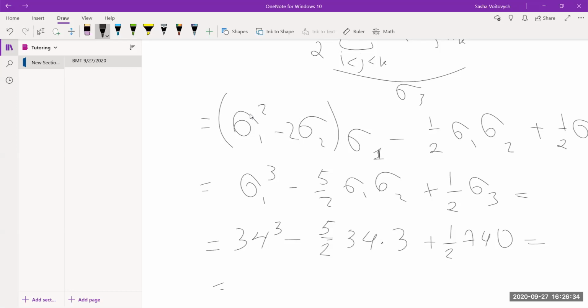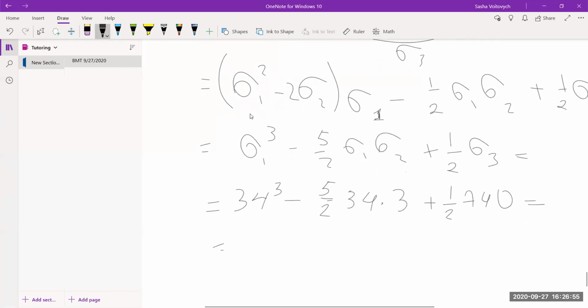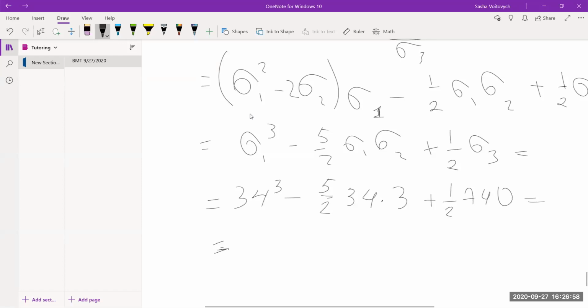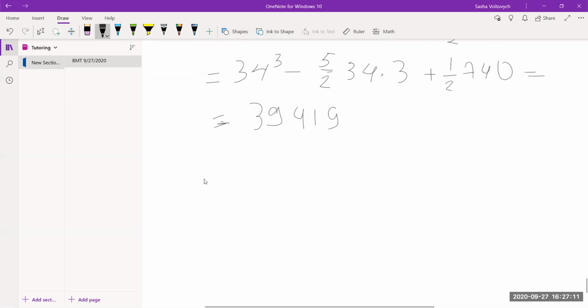Right, so by computing this sum, we get 39,419. So this is the sum of cubes of the roots.